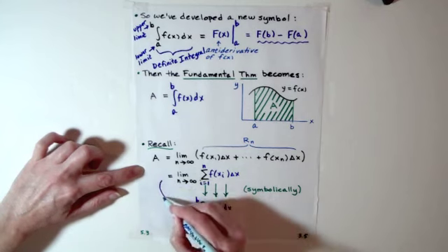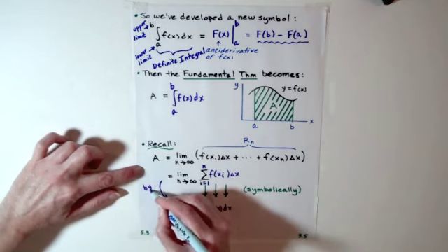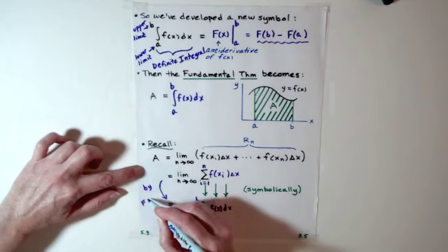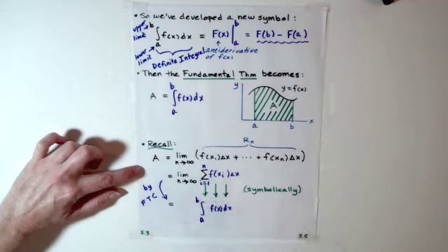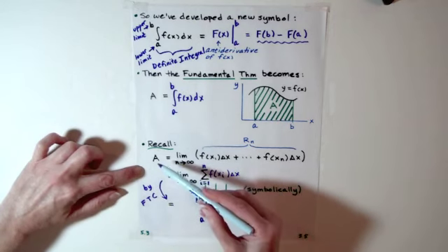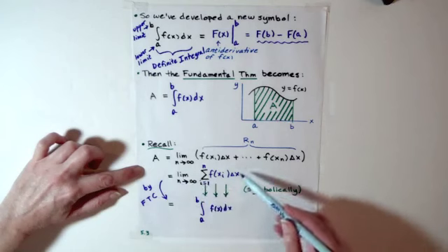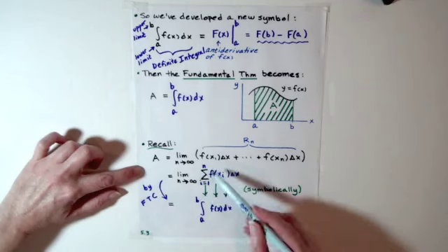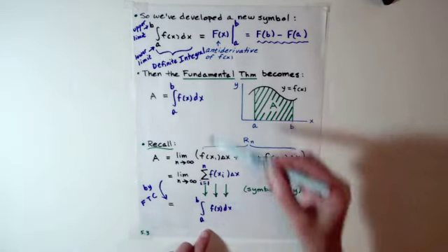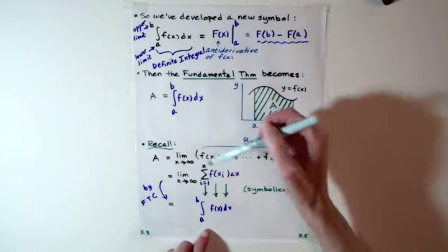That's really by the fundamental theorem. We often abbreviate the fundamental theorem FTC, Fundamental Theorem of Calculus. So by the Fundamental Theorem of Calculus, this limit of this sum of f of xi delta x from i equal 1 to n can also be written as this definite integral.